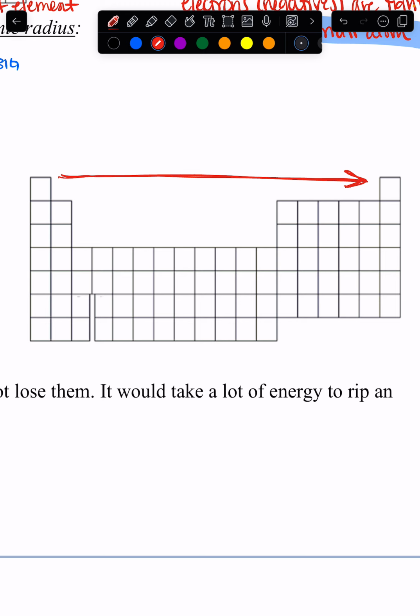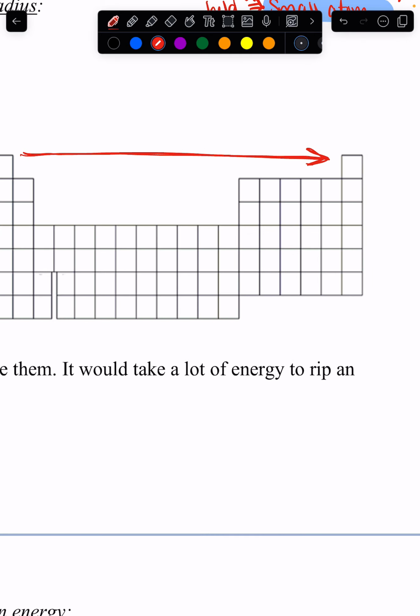So I increase moving from left to right, and I increase going up a group. That means helium has the largest ionization energy. So again, think of it like all eyes on me. I want to keep my electrons on me. And the biggest one is helium.